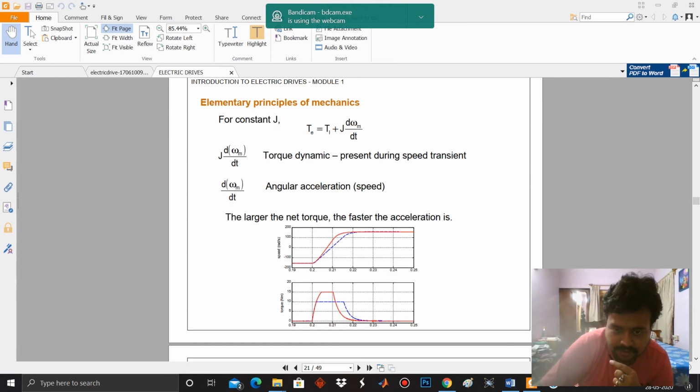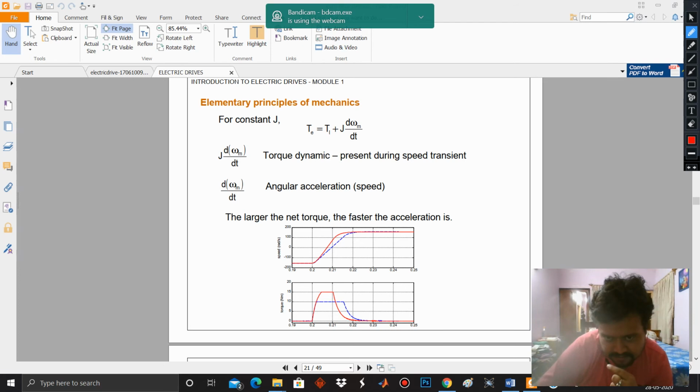So now here, if you see the figure, it is a speed profile and a torque profile. The speed profile is for a particular instant of time or a particular state, and this red line and this blue line are given for another state. You see the red line is represented when your machine is accelerating.